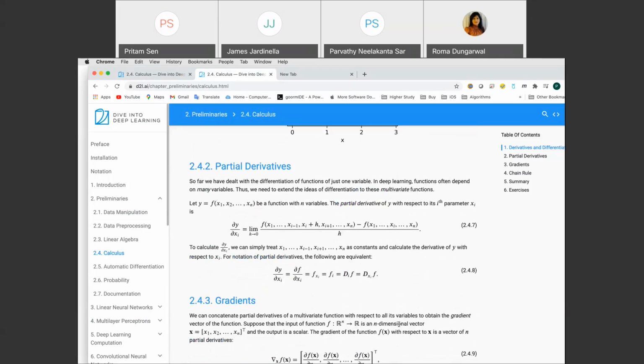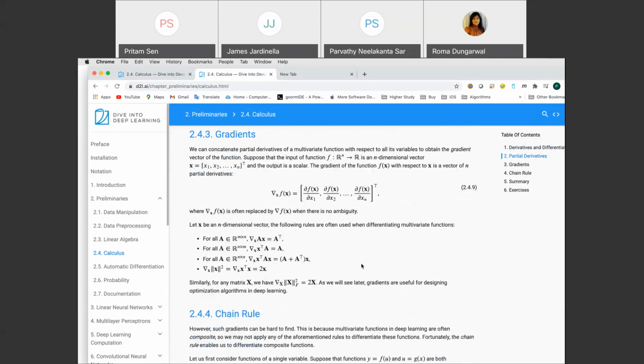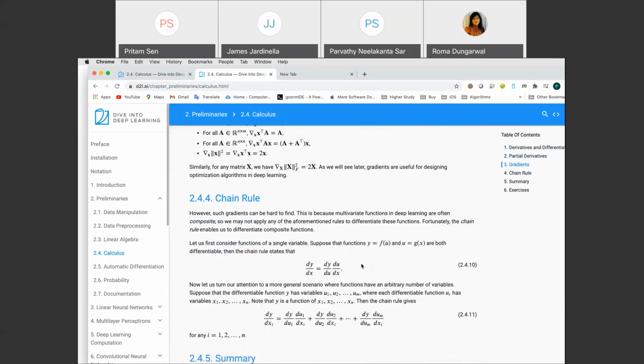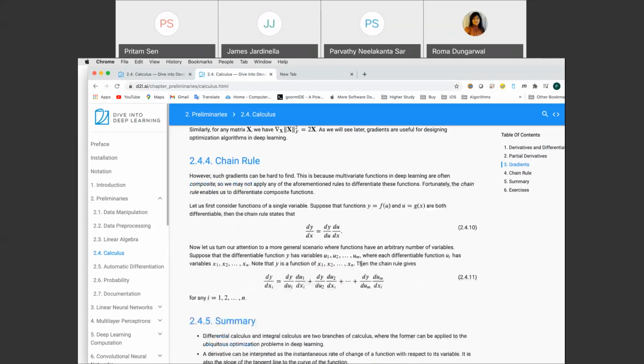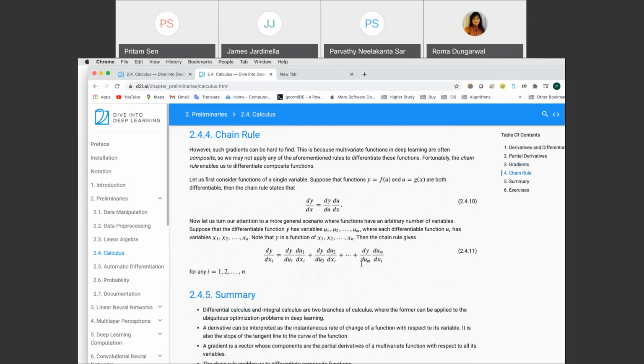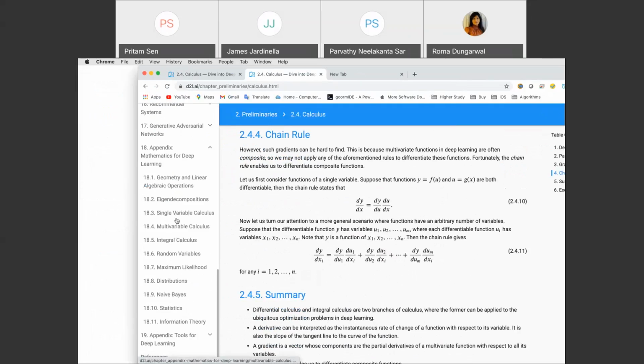We already checked the partial derivatives, and then we showed the chain rules. This is the preliminaries, and then we want to check the next concept, single variable calculus and multivariate calculus.